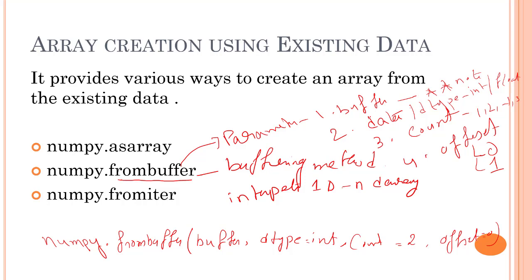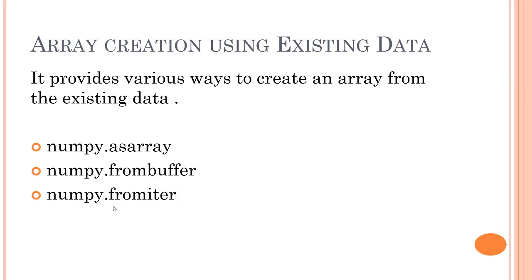Let's move to the third method, how we work with the fromiter method to create a particular array. Using the fromiter method you can also create an array. Basically fromiter is used with an iterable object. Remember that it is used with an iterable object.